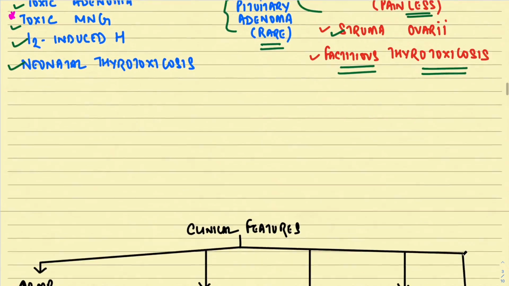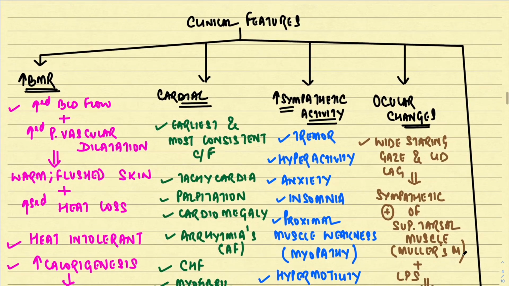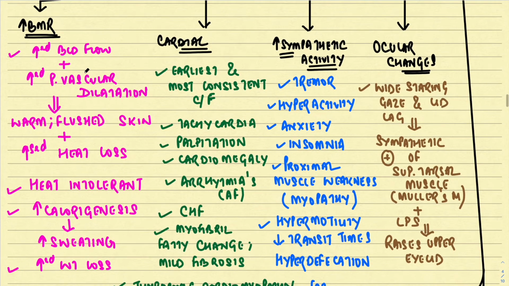Now, next we are going to understand the clinical features of hyperthyroidism. The clinical features are because of excessive activity of the sympathetic nervous system along with raised BMR and associated changes. The number one clinical feature occurs because of an increase in the basal metabolic rate. It is characterized by an increased amount of blood flow.